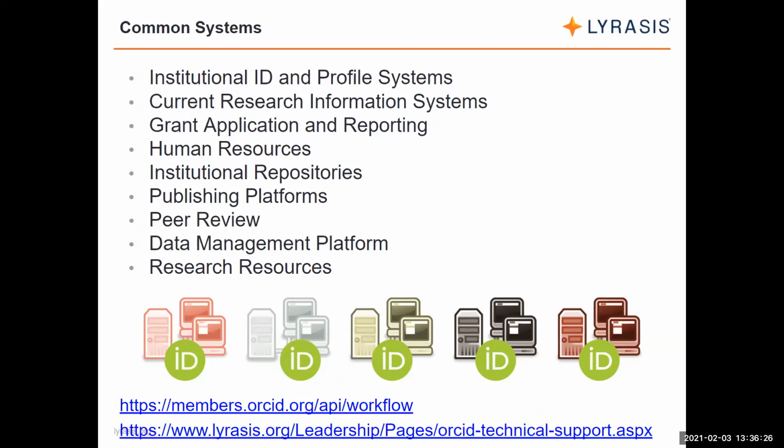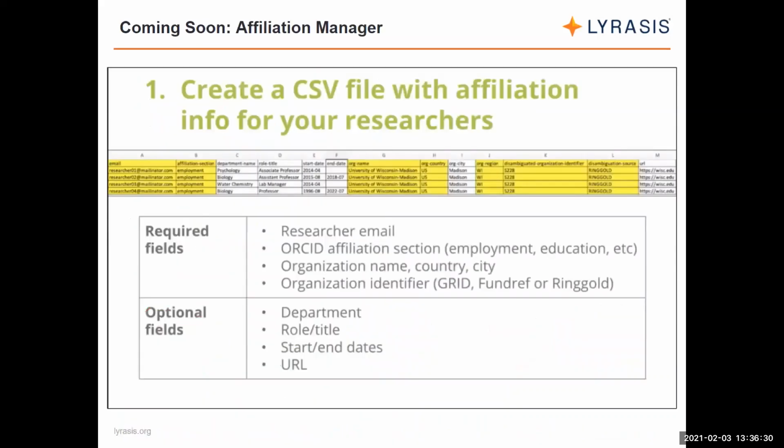But just knowing that there are some potential limitations based on the systems that you're using, Orchid will be releasing soon to our consortium members a new tool that's called the Affiliation Manager. This is designed to make it easier for Orchid member organizations to start using the Orchid API, regardless of whether you have a developer available to do an integration or whether you're using a vendor system that already supports Orchid.